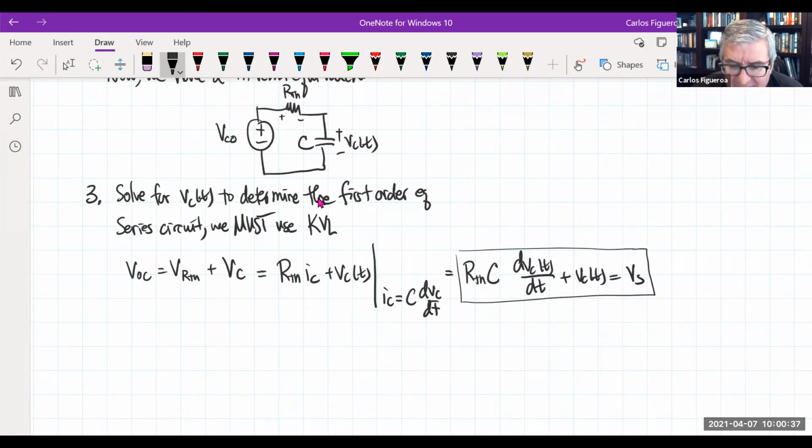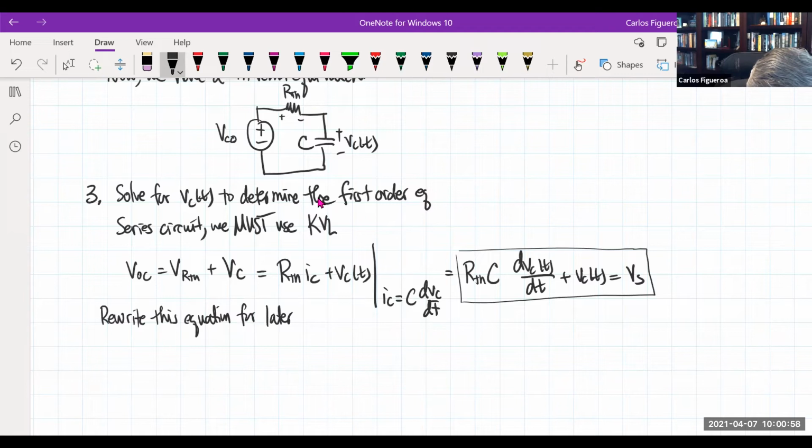But this is not the customary way to write this. I could write it this way and it would be totally legit. But what we want to do is rewrite this equation for later usefulness, because we're going to get to the RL circuit and it's going to behave in a very analogous way.